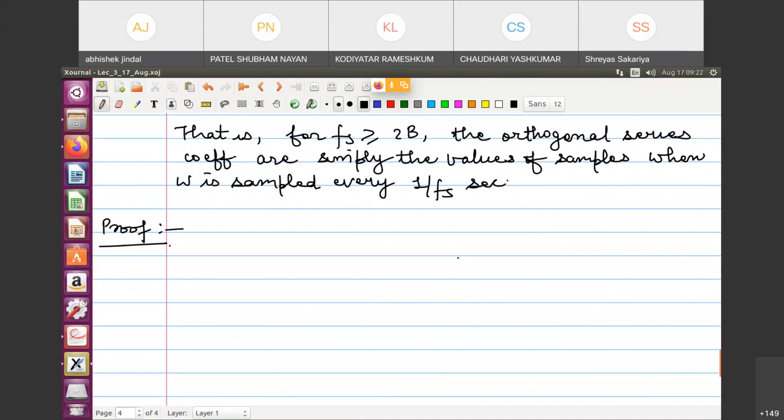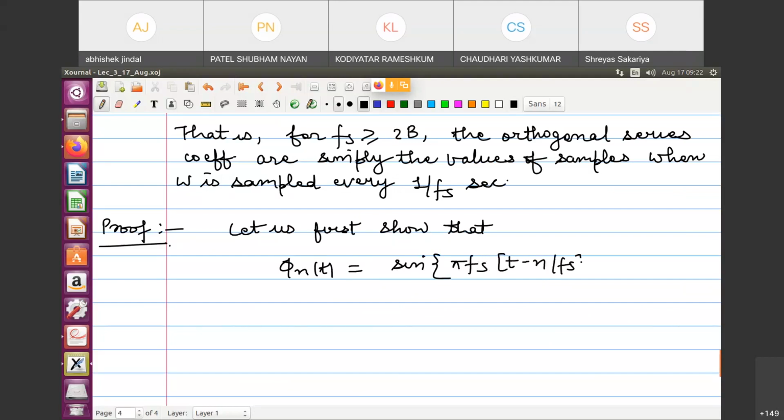Okay. So let us first show that phi_n(t), which is equal to sinc of pi fs (t minus n/fs).